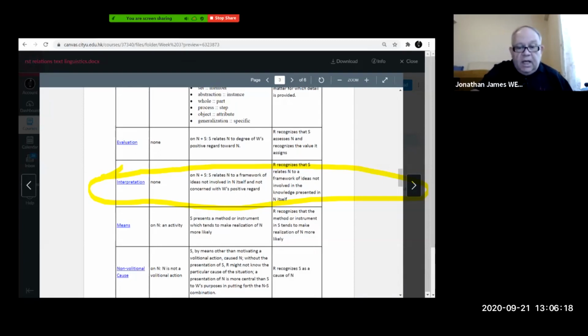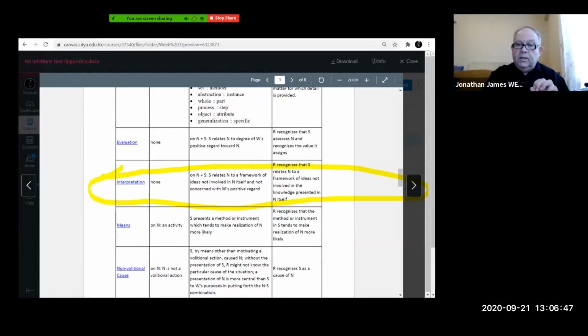And further information here, and the nucleus and the satellite, some constraints. The satellite relates the nucleus to a framework of ideas not involved in the nucleus itself, not concerned with the writer's positive regard. It's trying to distinguish it from the previous one, evaluation. It's not a judgment, it's how you assess it. It's how you interpret it, all right?